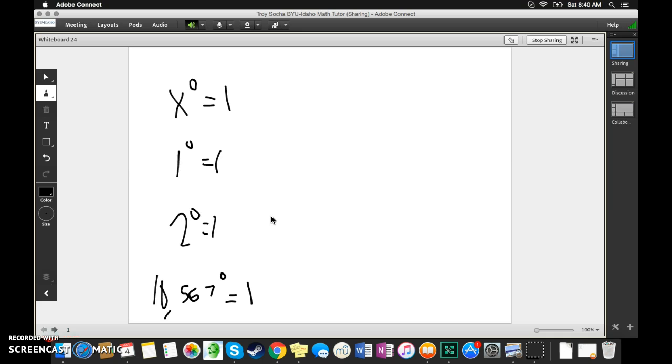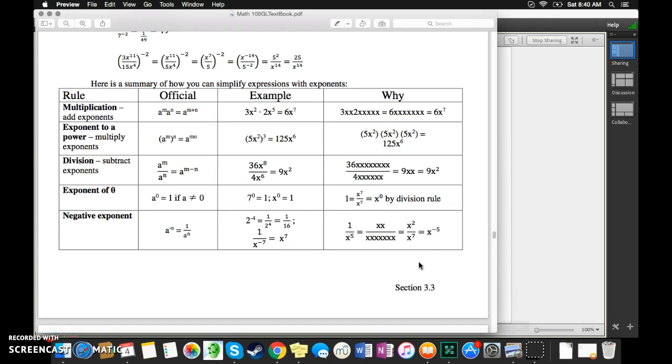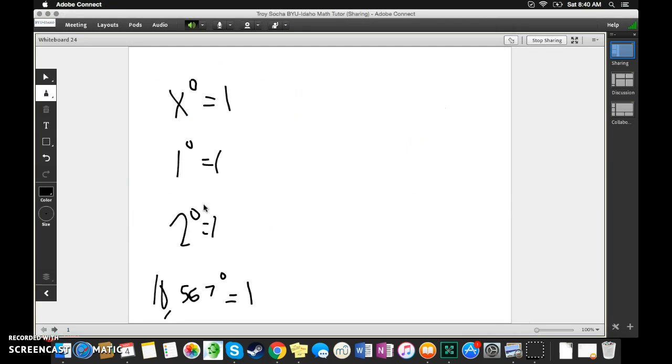Anything to a 0 exponent equals 1. So that's the important rule for that. And we don't need to go into the reasons why. It's a long explanation. But it's good to know anything to the 0 is 1.